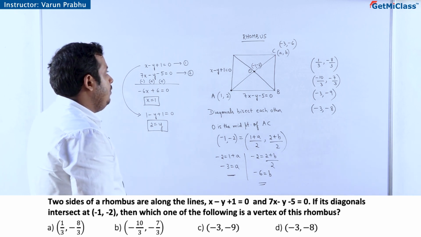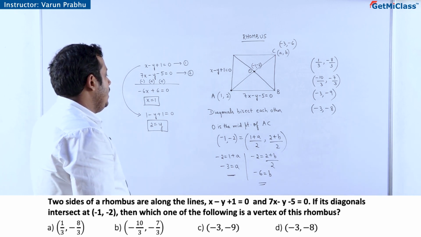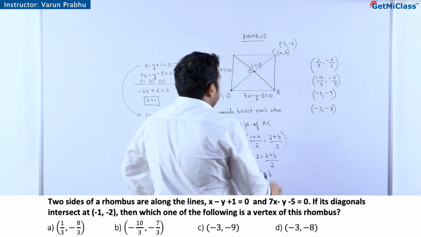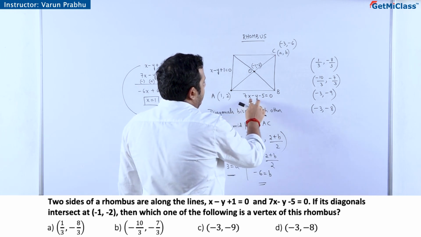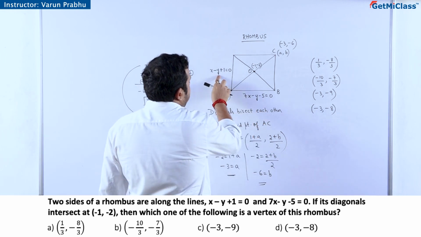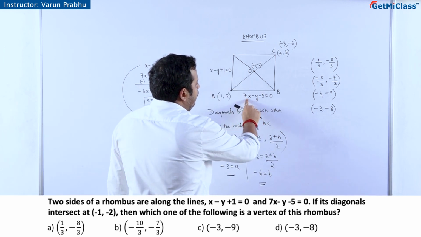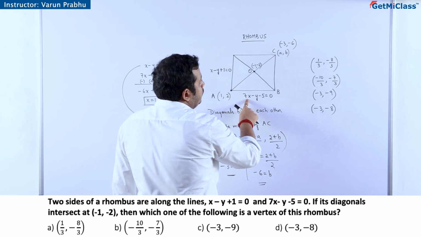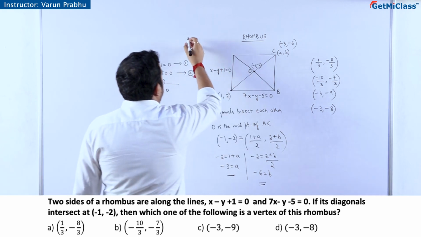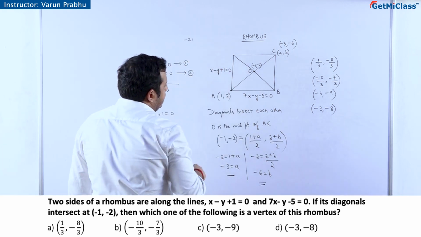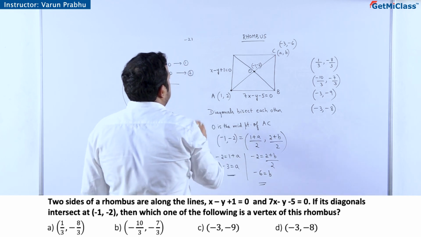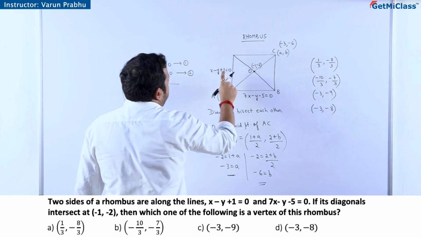Now if you see, (minus 3, minus 6) will satisfy which equation? 7 times minus 3 is minus 21, plus 6 minus 5, it won't satisfy this equation.